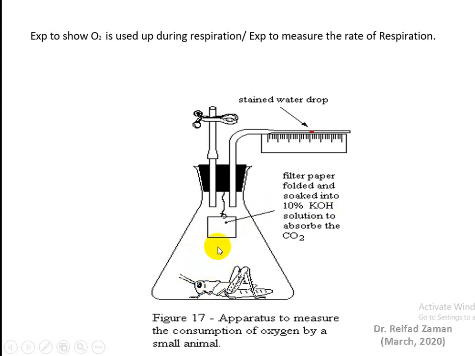So this is going to create a partial vacuum. This vacuum will draw in air from this part of the tube. Since air is moving from here into the conical flask, this will pull the colored liquid towards the conical flask, and this proves that oxygen is taken in by the insect.